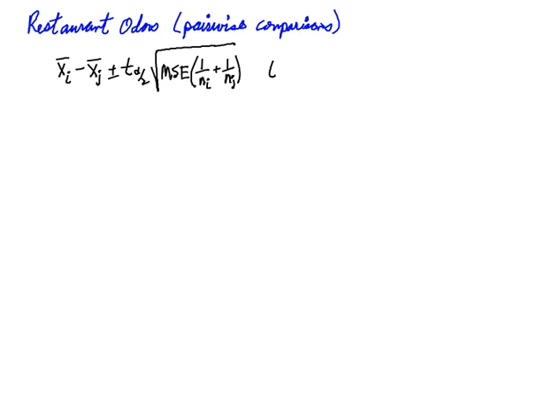Now, t alpha over 2, our alpha value is 0.05, so we'll divide that by 2, and t sub 0.025. The degrees of freedom is equal to the degrees of freedom of MSE, and the degrees of freedom for MSE is n sub T, the total in all the samples, subtract k.